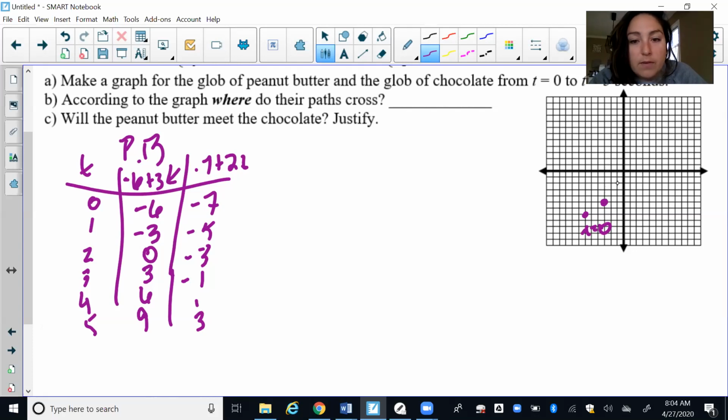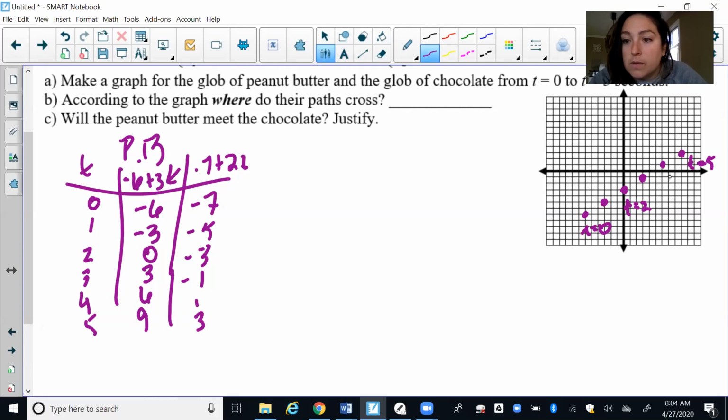And then we have 0, -3, that's at t equals 2. And then we have 3, -1, 6, 1, and 9, 3, and that's at t equals 5.